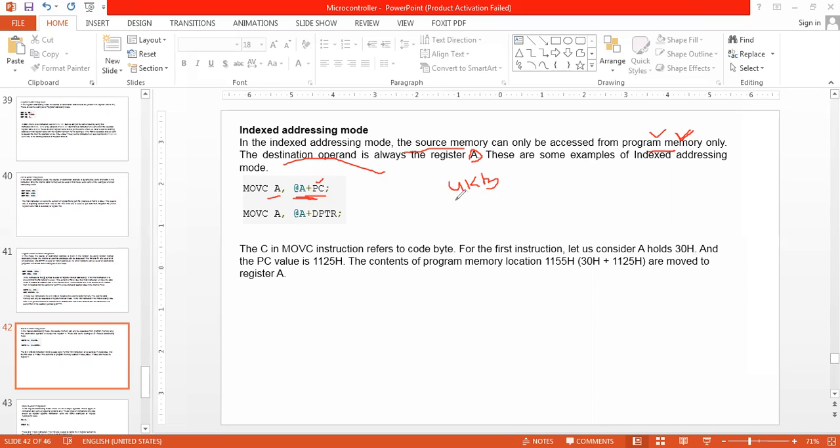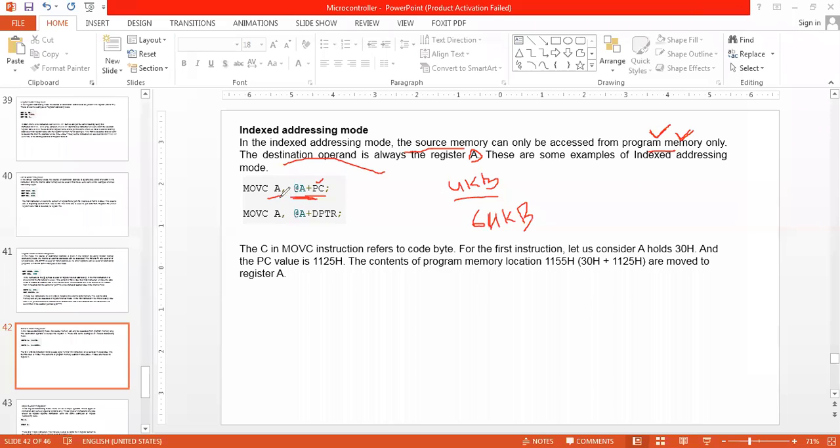It can be extended from 4 KB to 64 KB because I have address lines A0 to A15. So now, the source must always be a program memory.